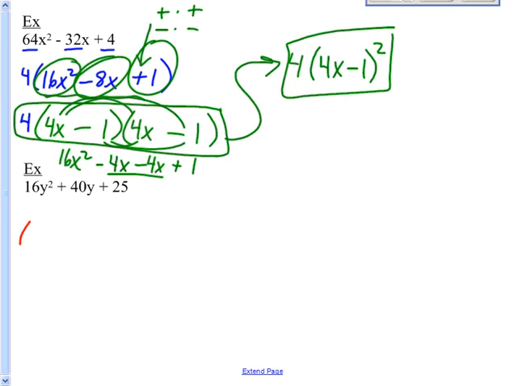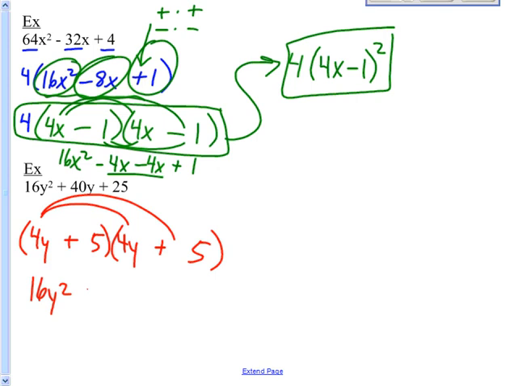So, well, let me try this again. How about 4y, 4y this time? Let me try 5 and 5. Again, I could try 25 and 1 as well here. And let me try a positive times a positive, give me a positive 25. I'd go on this one, 16y squared. There's a positive 20y, 5 times 4, there's a positive 20y. There's a 25.